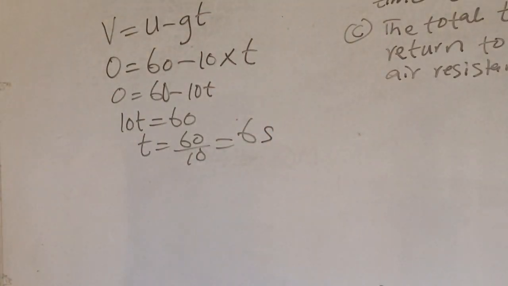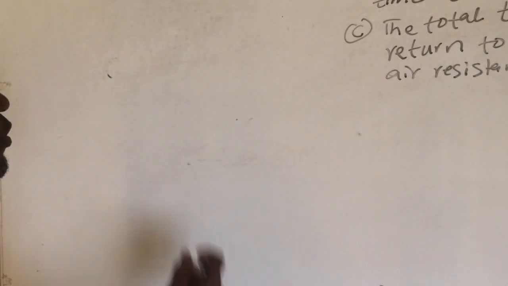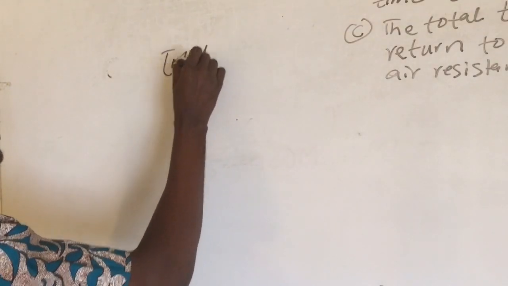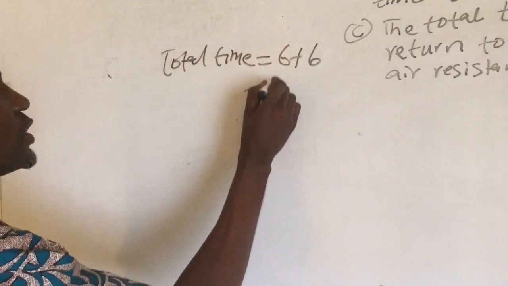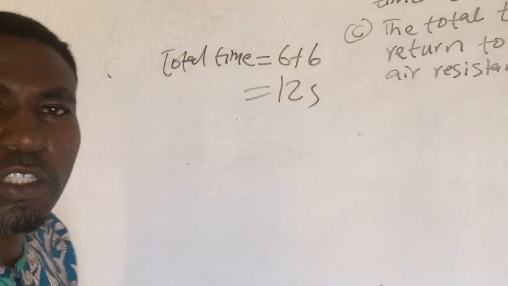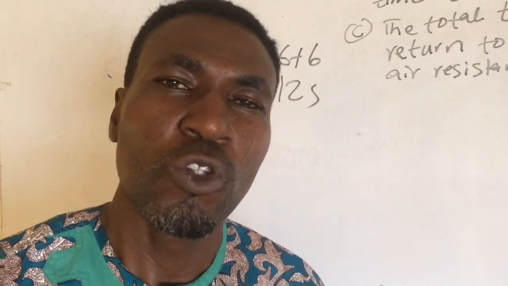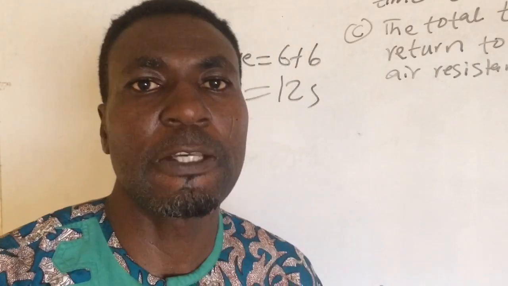Then another one says the total time. The total time will be equal to 6 plus 6, which is 12 seconds, because the time it has taken this ball to reach the maximum height will be the same time it will take to reach the place it started from.